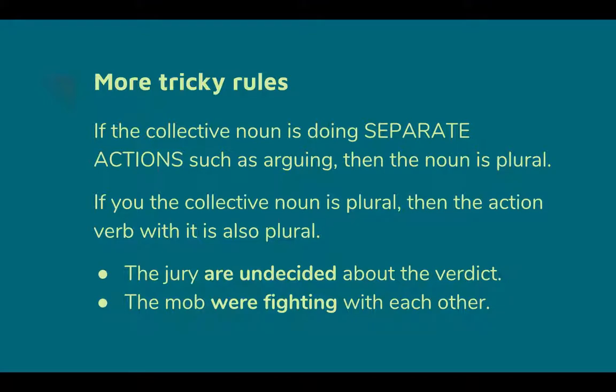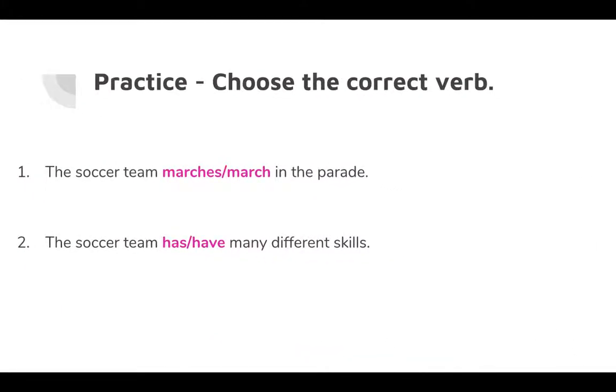This is tricky because sometimes the verbs are singular and sometimes the verbs are plural. We're going to do a few practice sentences on the next slide. In this case, we have a soccer team. In sentence 1, we have the soccer team marches or march in the parade. Well, it looks like they are doing all the same thing, so they're acting together.